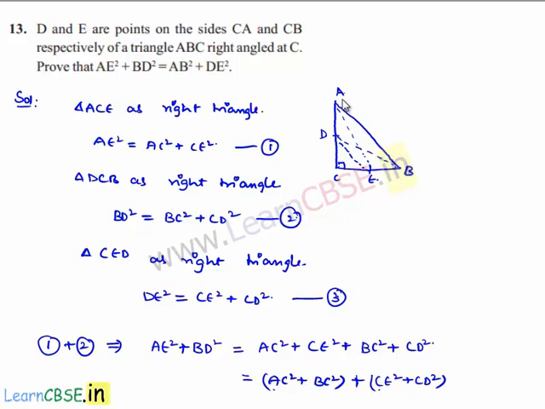Now if we consider triangle ACB, it is also a right angle triangle. Therefore by applying the Pythagoras theorem we get AC square plus BC square is equal to hypotenuse square, that is AB square. We know that AC square plus BC square is equal to AB square, plus CE square plus CD square is equal to DE square from equation number 3.